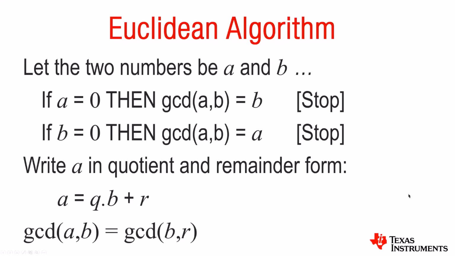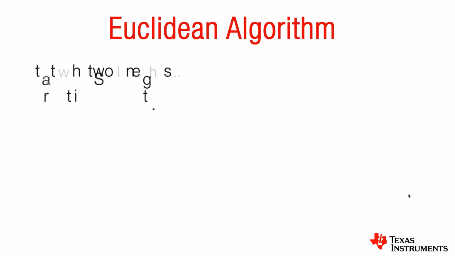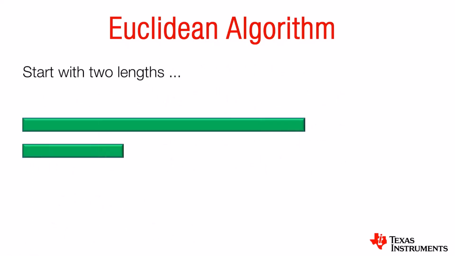All right, so let's have a look at a different way to represent it. So I'm going to represent it with two lengths, these two lengths being like having two numbers. So I'm trying to think about if I was going to chop these two lengths up into equal pieces, what is the largest piece that I can chop them into? So in other words, if I chop this bottom one in half, could I then get lots of those and it would be the same as this longer length, or maybe it'd be a bit bigger or a bit shorter?